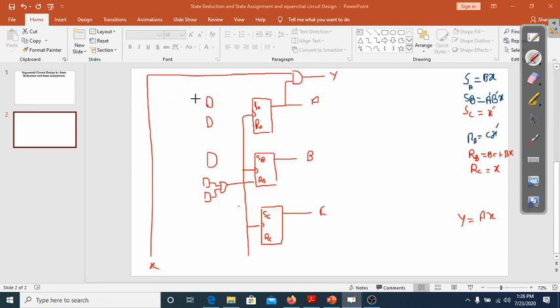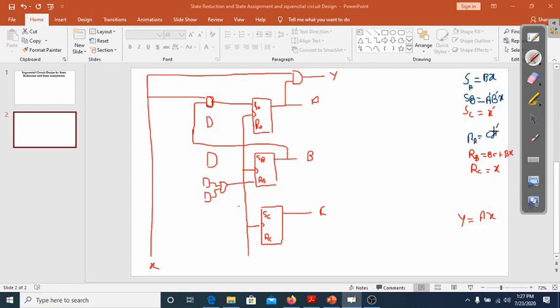So here, first for SA I will connect this output B and this is X. So this is B of X. This AND gate I'm going to connect with SA.